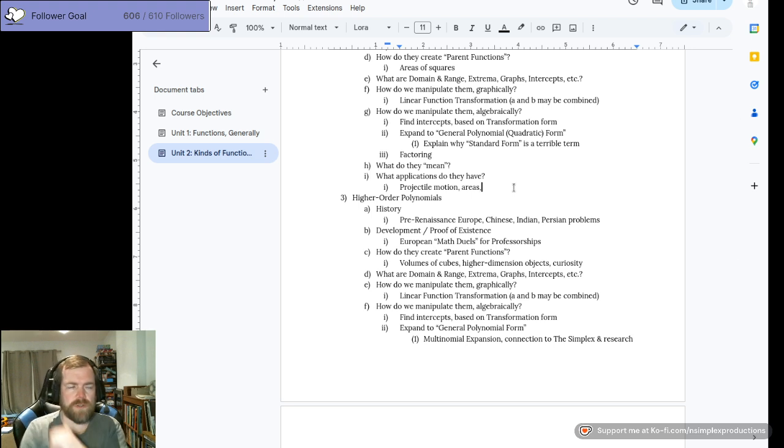So projectile motion, areas. There's also like we did a project. It wasn't really a project, but we were dealing with supply demand functions where we were doing economic principles.